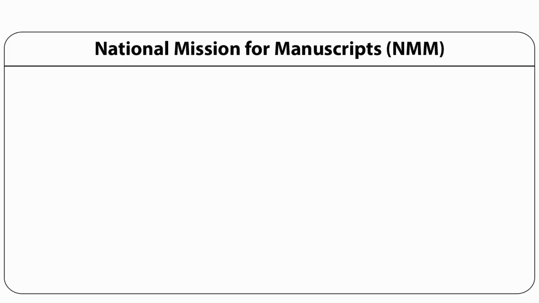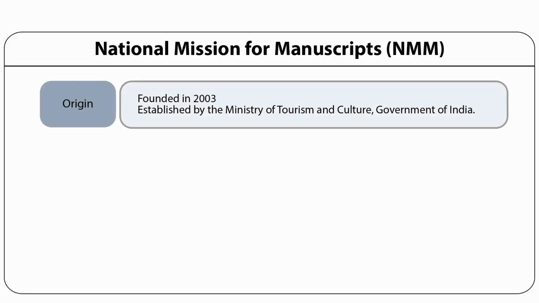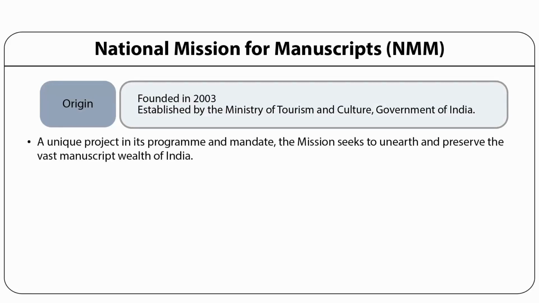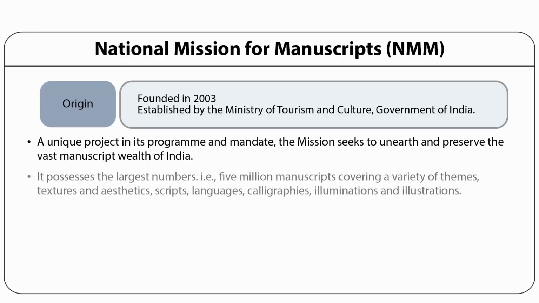The National Mission for Manuscripts, that is NMM, was established in the year 2003 by the Ministry of Tourism and Culture, Government of India, a unique project in its program and mandate. The mission seeks to unearth and preserve the vast manuscript wealth of India. It possesses the largest number, that is 5 million manuscripts, covering a variety of themes, textures and aesthetics, scripts, languages, calligraphies, illuminations and illustrations.